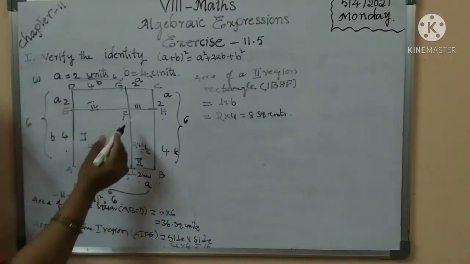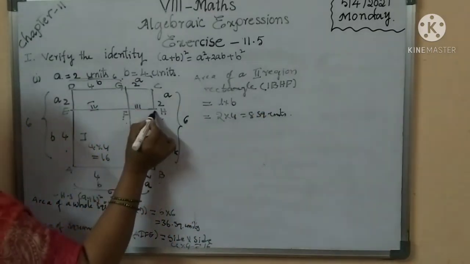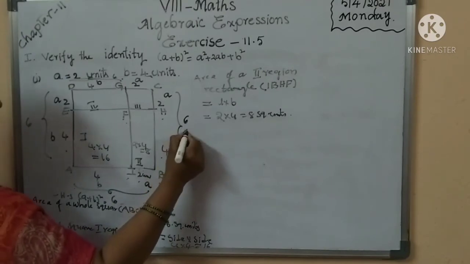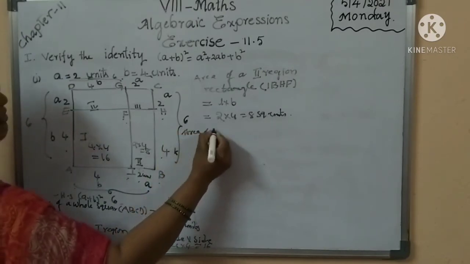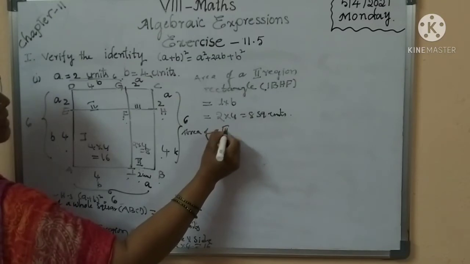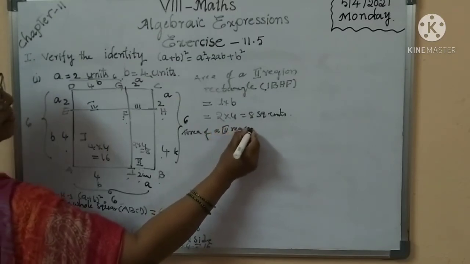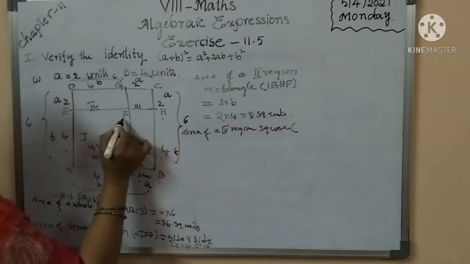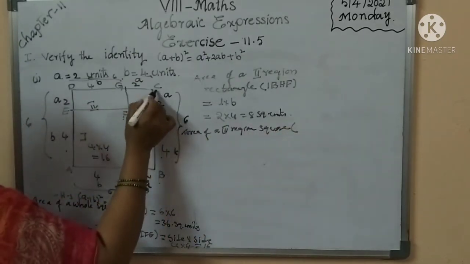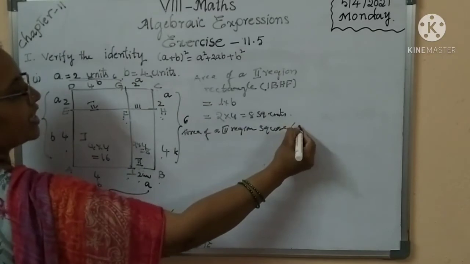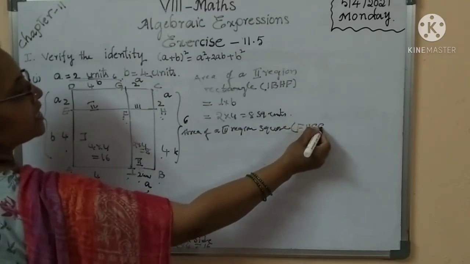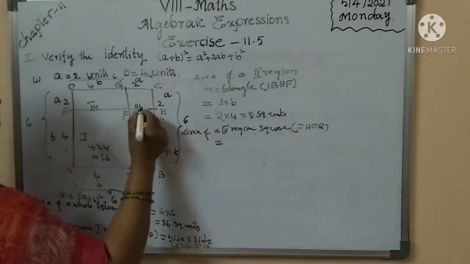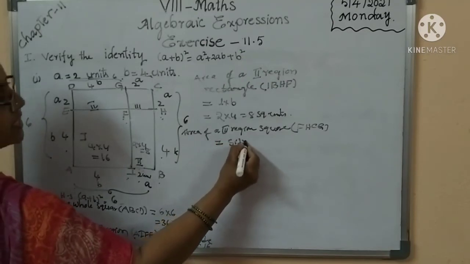Next, the third region, which is a square, FHCG. Area equals side into side.